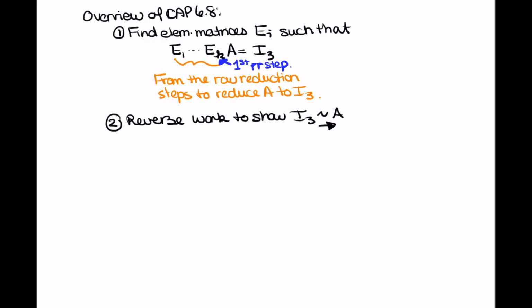So each of these steps is also going to have an elementary matrix, but this time we're going to multiply it by I3. So we could call these elementary matrices Ei hat, that little mark on top of the Eis is pronounced as a hat in math. So we get this product, E1 to EK.